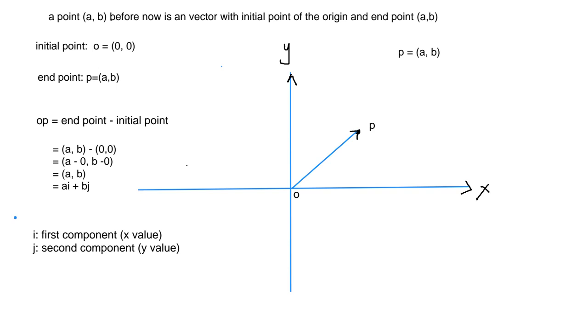What we can remember from this is that any point can be seen as a vector coming out of the origin to the endpoint, right? So what do I mean by this?